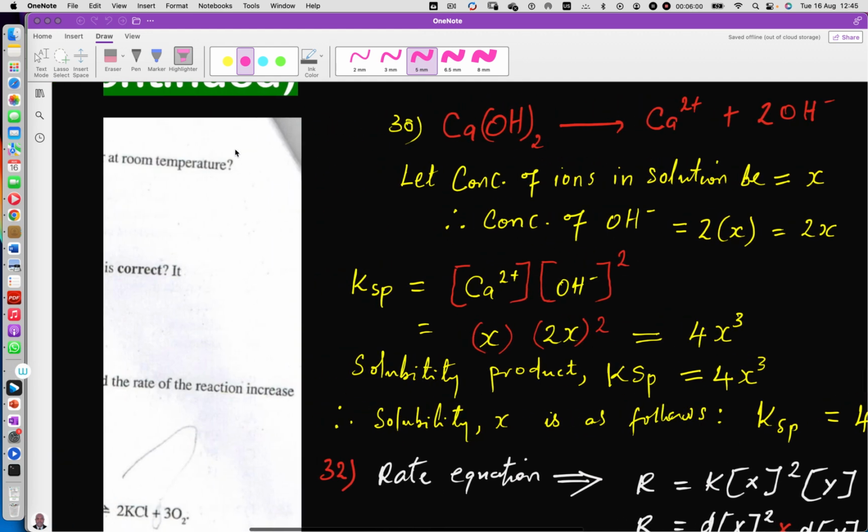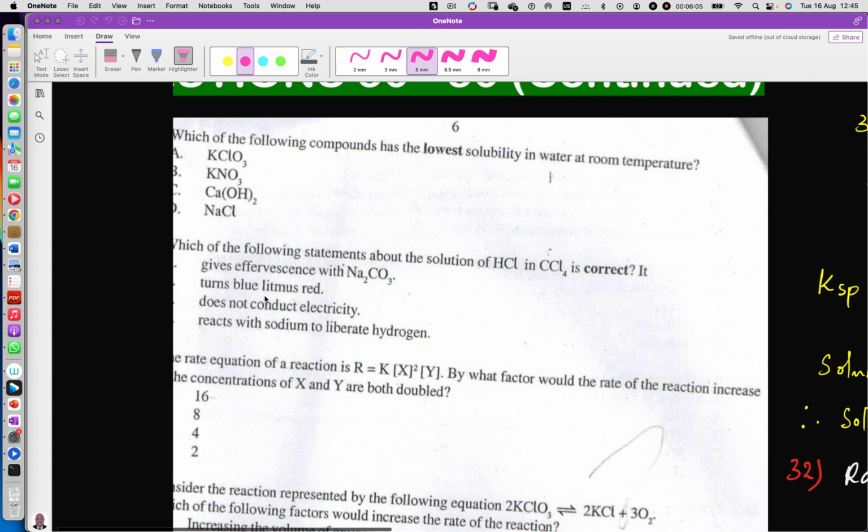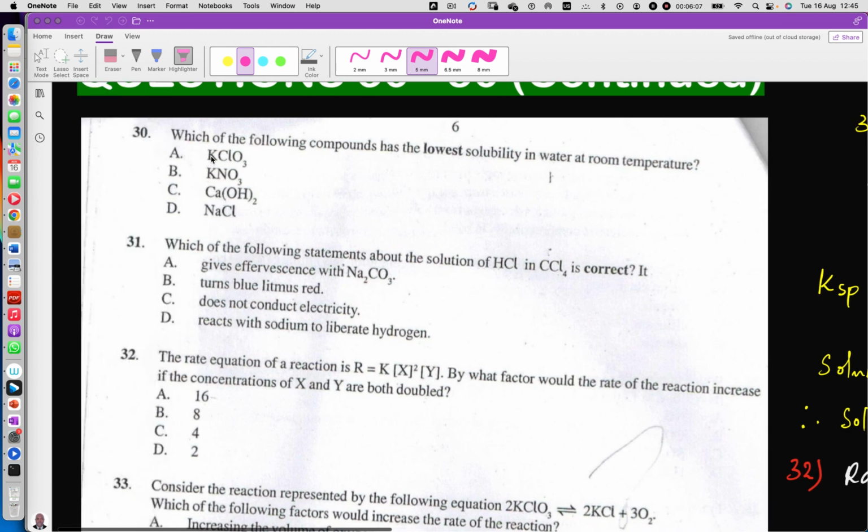It shows that the solubility of this compound is very low compared to the solubility of potassium chlorate or potassium nitrate. Because for those, the KSP will just be X times X. When they dissociate, we have potassium ion and nitrate ion, and we take each concentration to be X. It will be X times X, which is X squared.